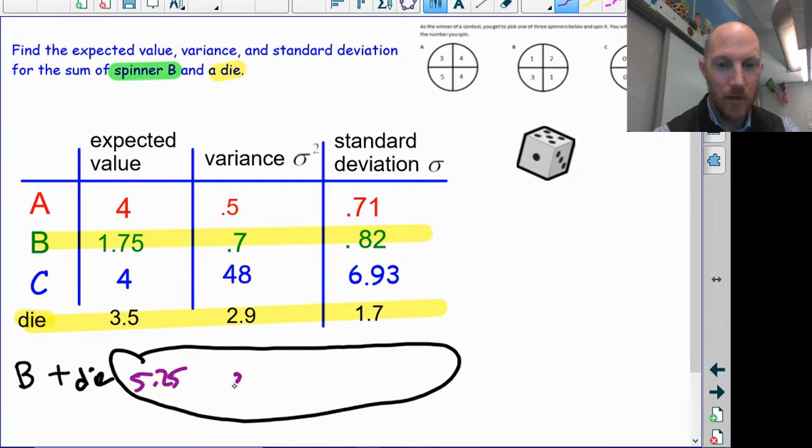Variances, I can add those together. 0.7 and 2.9 gives me 3.6. Standard deviations, I don't even care what the standard deviation was earlier. I have to do the square root of 3.6. And that is 1.897.